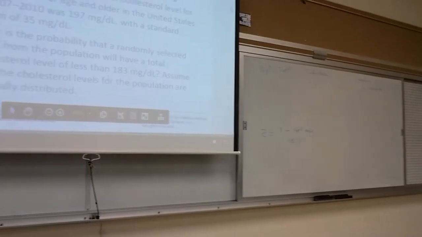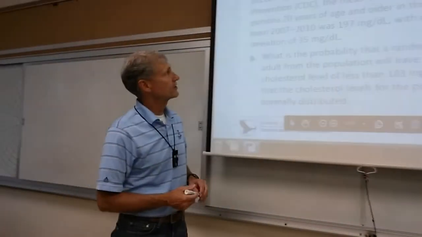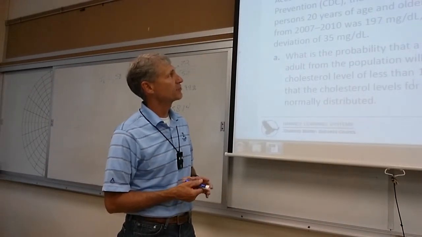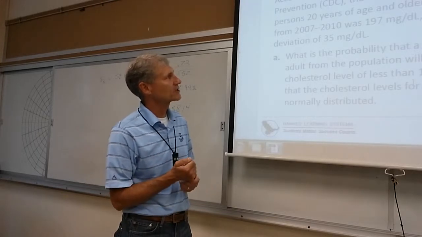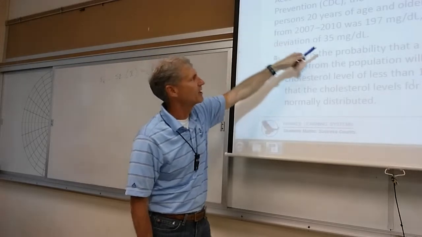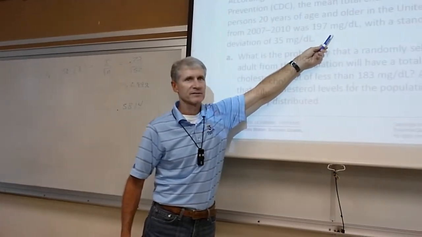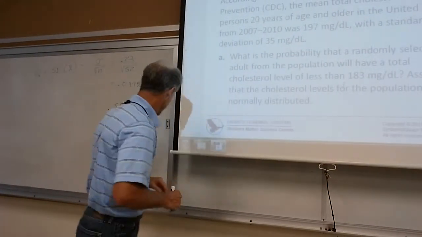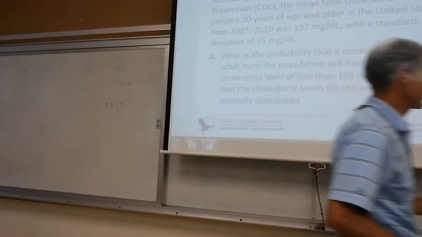Okay, here's a question. According to the Centers for Disease Control and Prevention, the mean total cholesterol level for persons 20 years of age or older was 197. Okay, wait, I need to organize information because this is too much all at once.